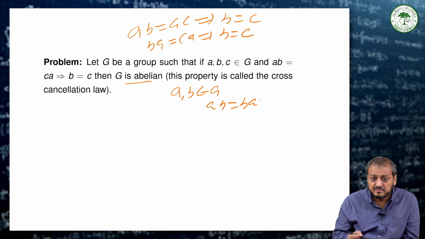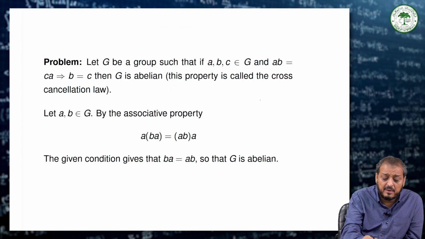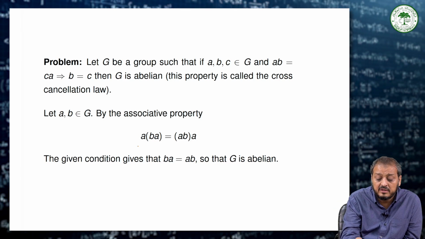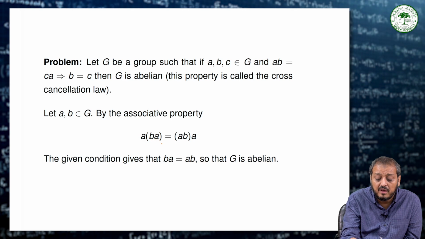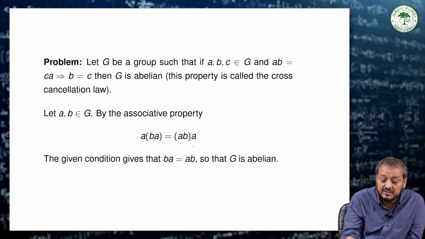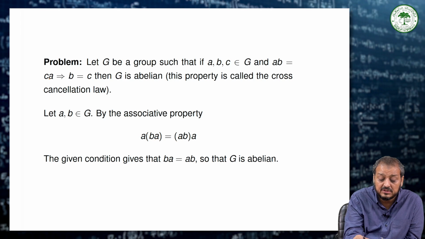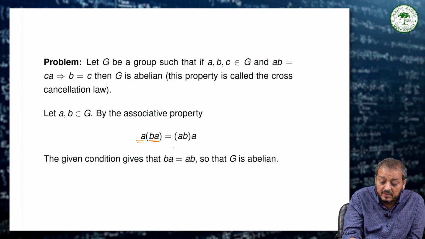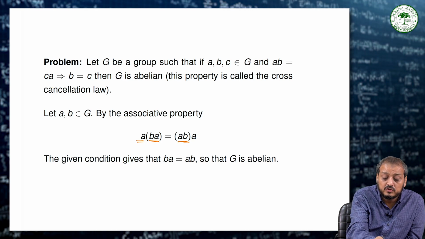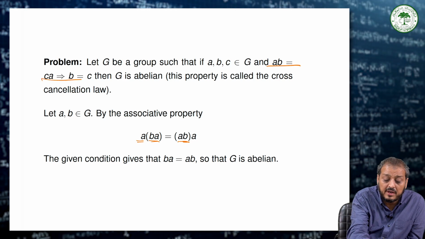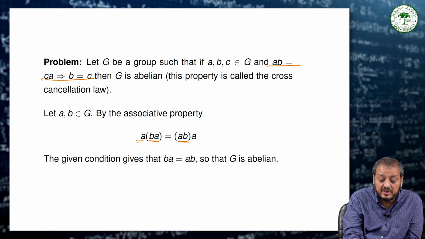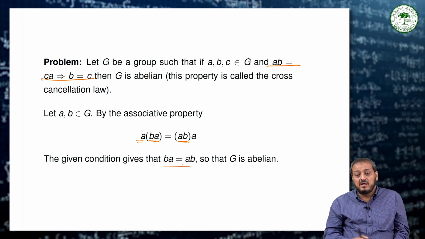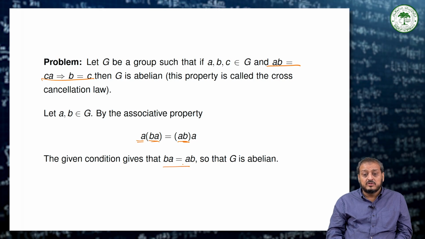So we take a and b elements of G. By the associative property, a(ba) can be written in the form (ab)a, and then you can see that by this property, this is a, and this is another element working as c, and that's a. So by the given condition, we can say that ba is equal to ab, and so G is an abelian group. So this is G is abelian.